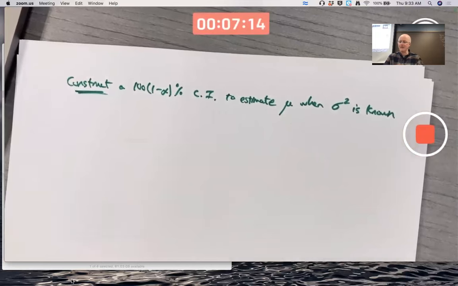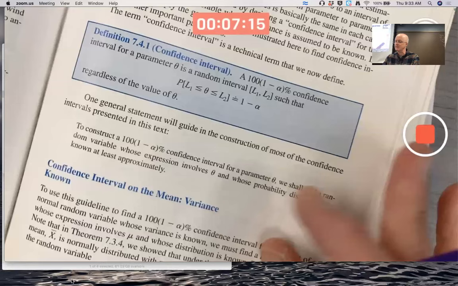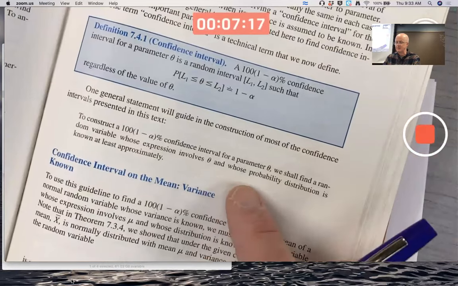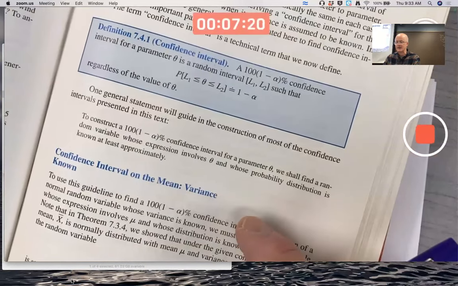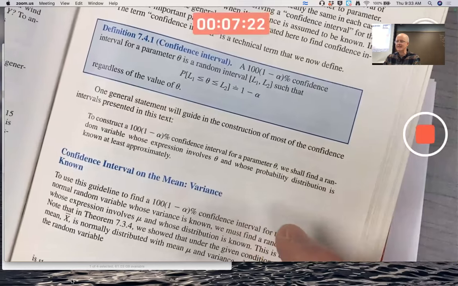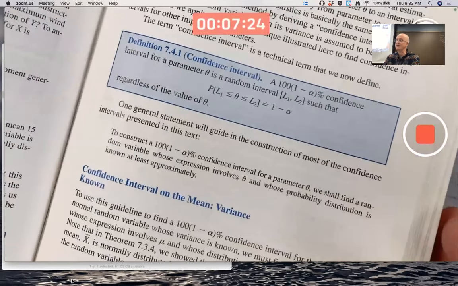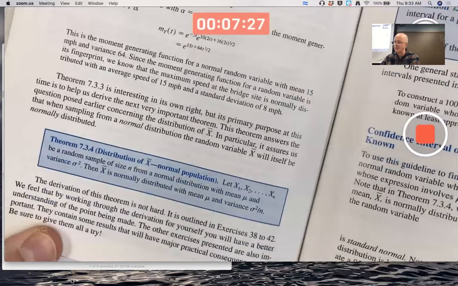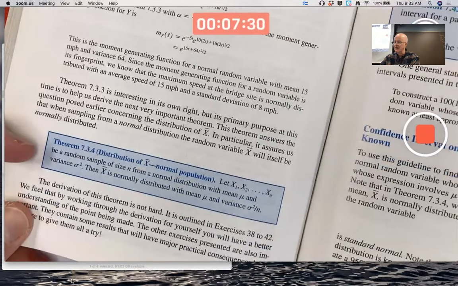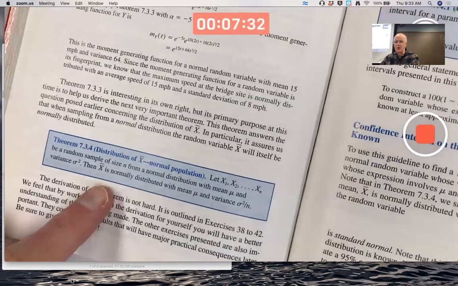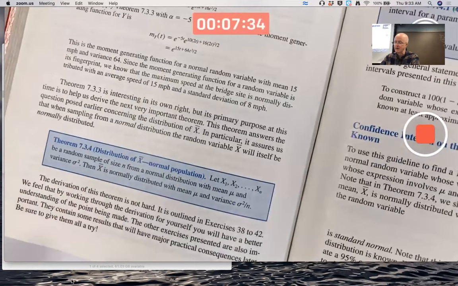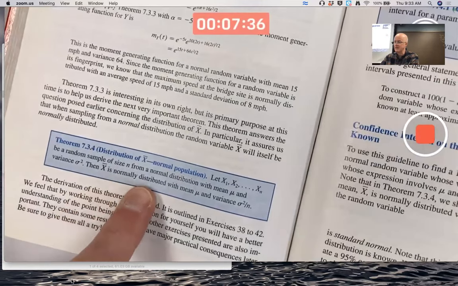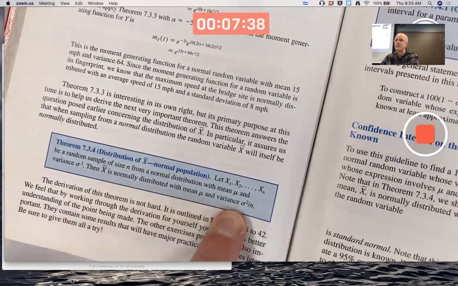we want a random variable whose expression involves mu in this case, and whose probability distribution is known at least approximately. In this context, in the context of the confidence interval from chapter 7, we are going to assume we are sampling from a normal population. X bar is known by this cornerstone theorem, we called it, to be normally distributed with mean mu and variance sigma squared over n.